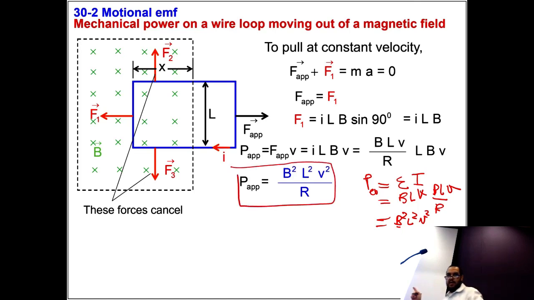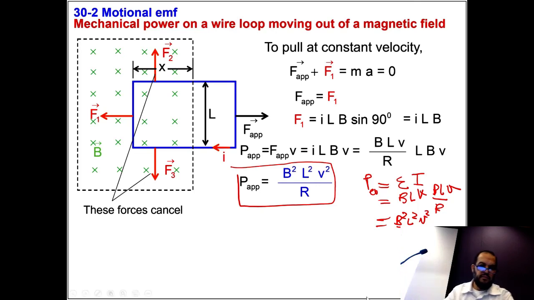So the power dissipation through this loop, through its resistance, the electric power, is B squared L squared V squared divided by R, and the power we're exerting to pull the loop at constant velocity is also equal to B squared L squared V squared over R. So we have shown that the energy per unit time that you're exerting on this loop appears as heat in this loop.